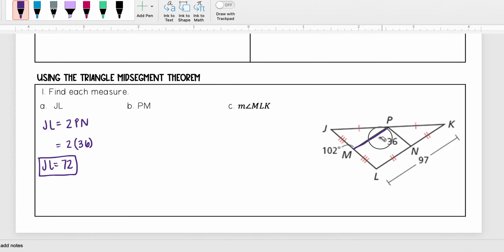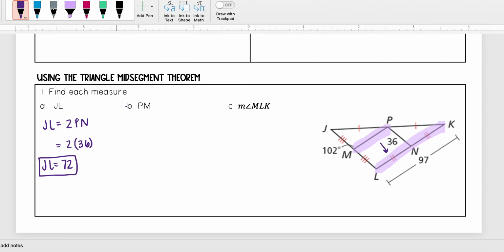Okay, so now let's look at PM. So PM is this length right here that I want to find. I know from my triangle midsegment theorem that the side opposite of it is parallel, and it's going to be twice as long.